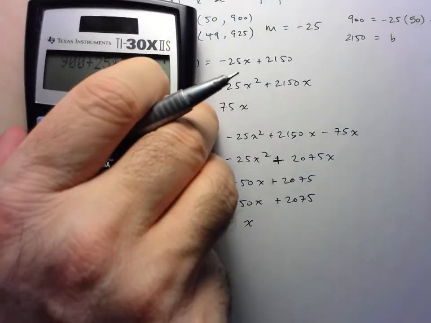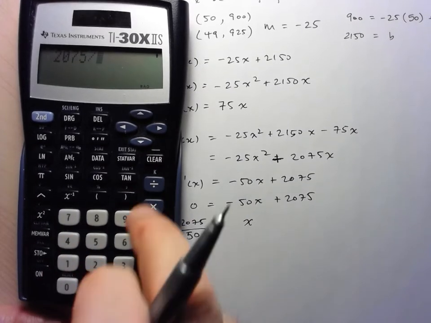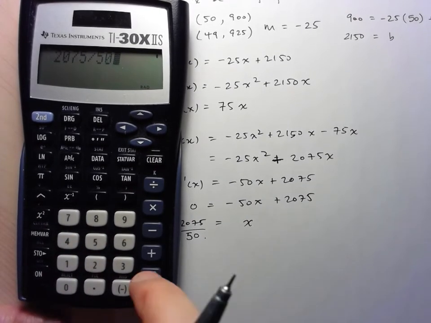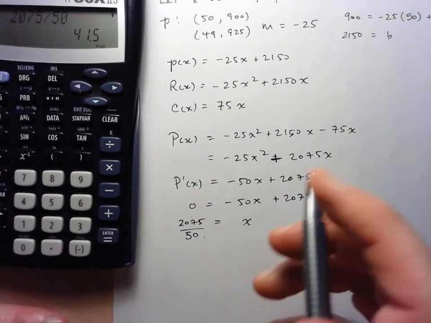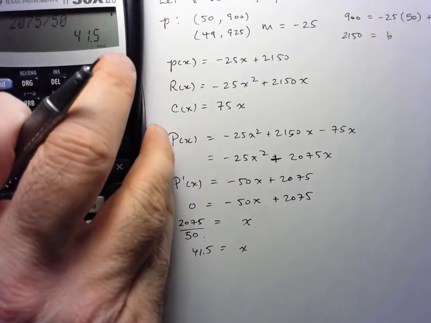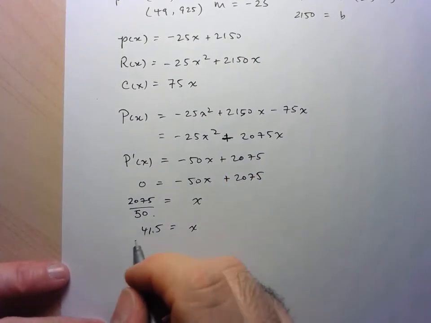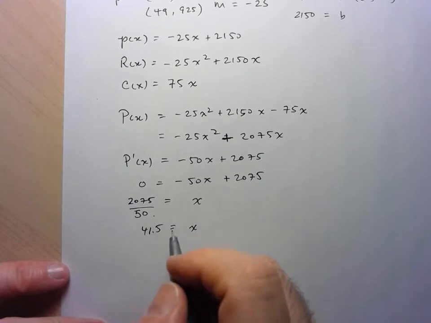Let's calculate that: 2075 divided by 50 gives us 41.5.